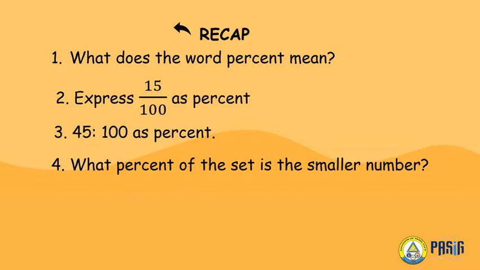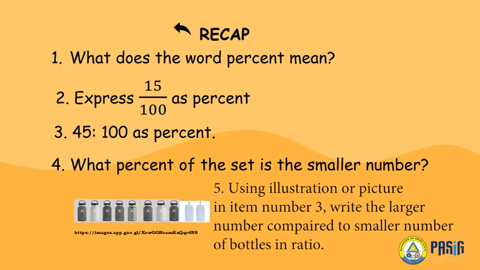Number 4. What percent of the set is the smaller number? Number 5. Using the illustration or picture in item number 3, write the larger number compared to the smaller number of bottles in ratio.